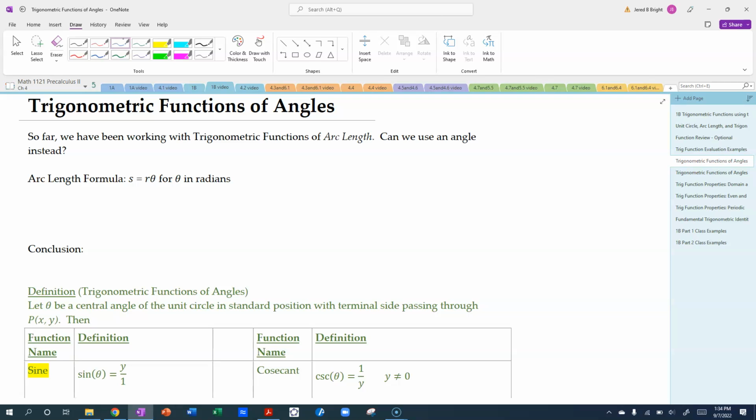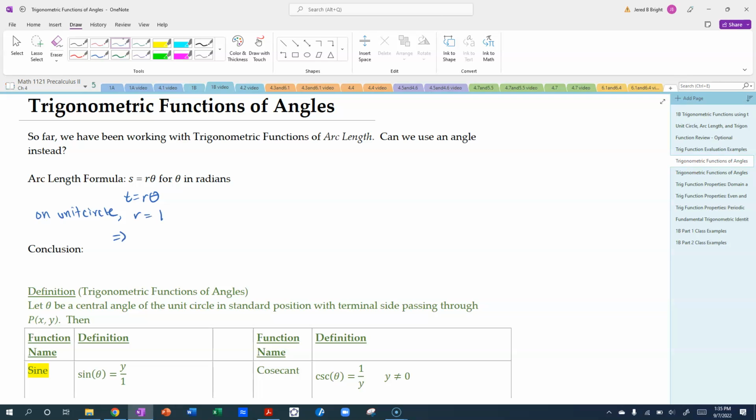We remember that the arc length formula, when we encountered it, was defined as S is equal to R theta, where S is arc length. So in this case, we had T is equal to R theta, okay? But on the unit circle, remember that R is equal to 1.